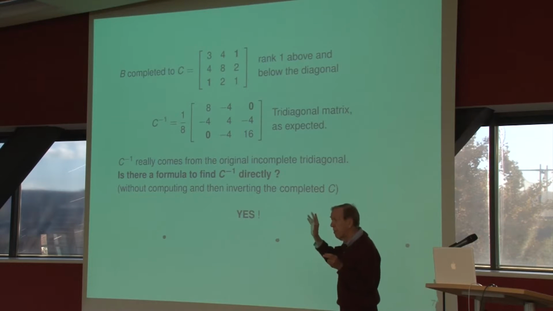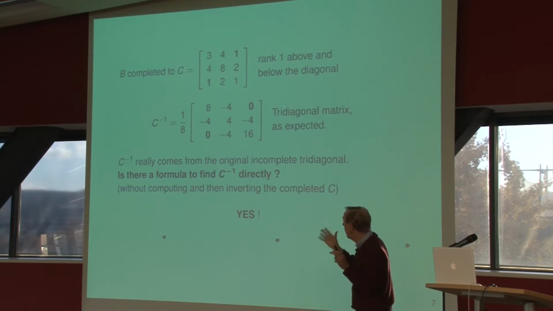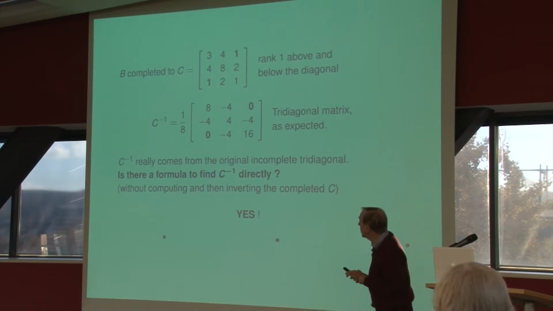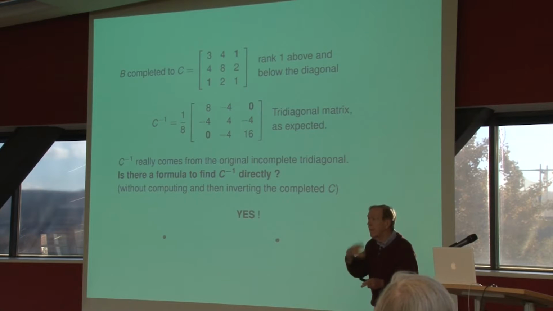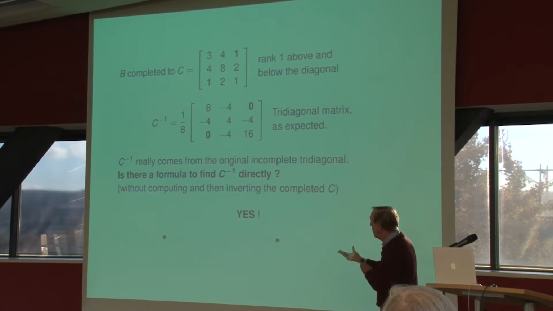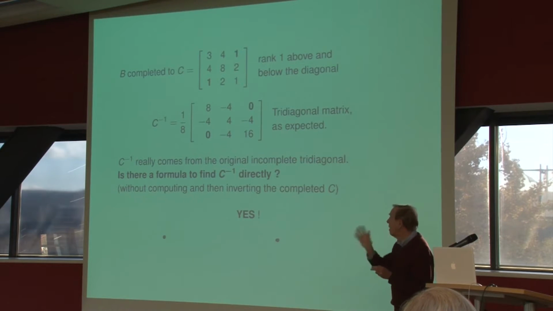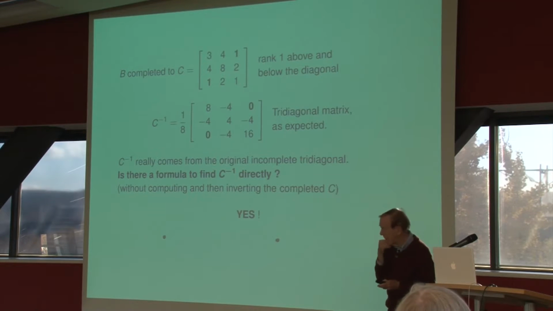The next slide will show the formula that takes the tridiagonal and doesn't take the completion step. I'm showing you 3 by 3, but of course these matrices are, in reality, much larger. I want to show you how to get that C inverse without completing B. So I started with A, ended with C inverse, and is there a direct route, a direct path?